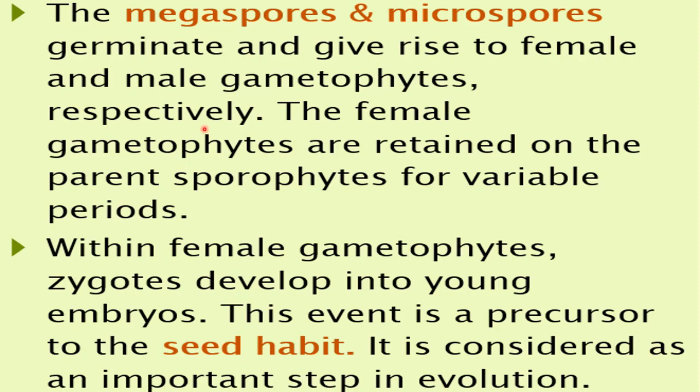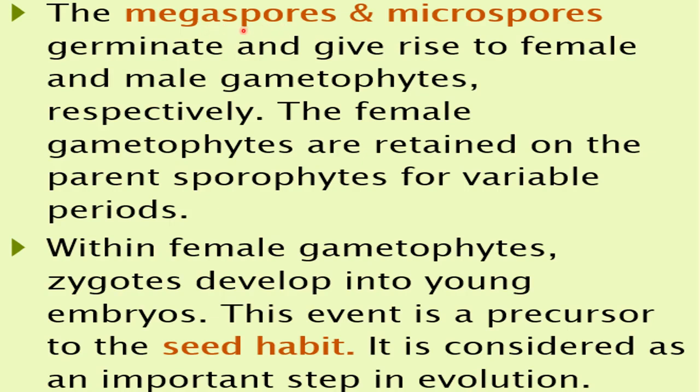So you know that most of the time the male gamete is smaller in size than the female gamete. We can say the female gamete is larger in size in most cases. So by keeping this in mind, you can easily learn that the megaspores present here give rise to the female gametophyte. As you know, spores form the gametophyte after germination, right?